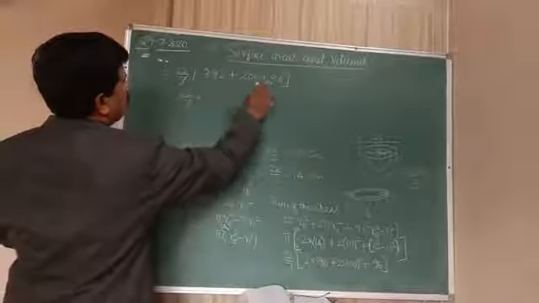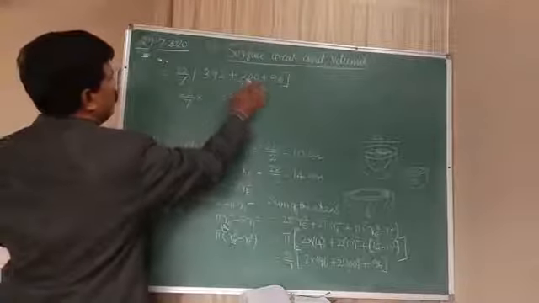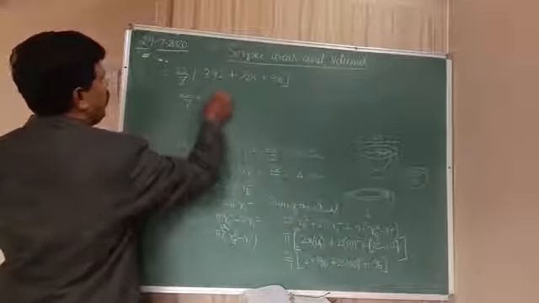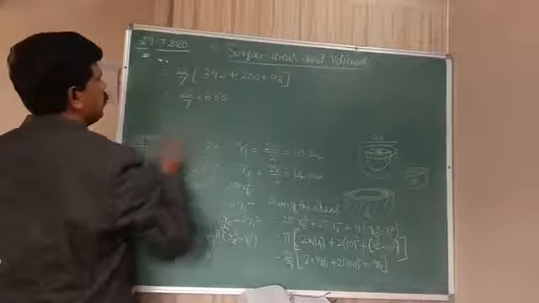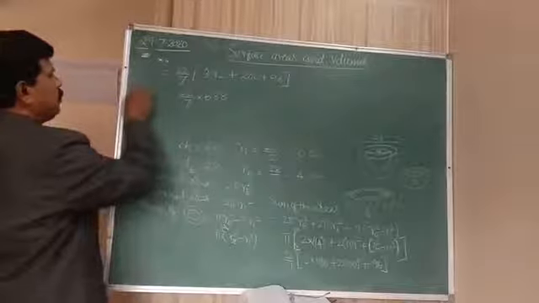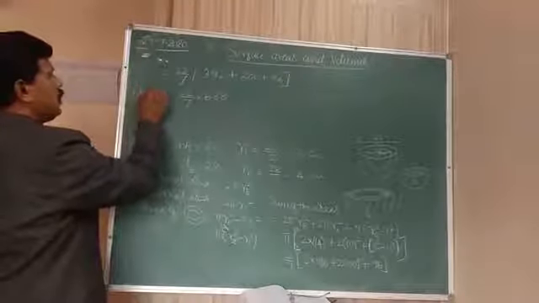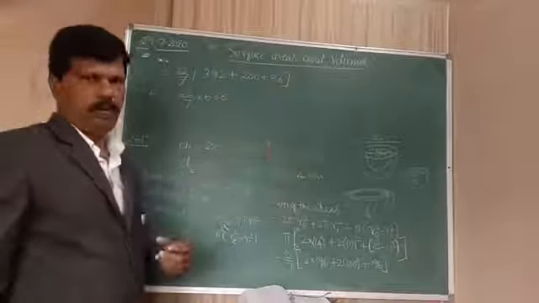Now add all these things. 6 plus 0 is 6, plus 2 is 8. 9 plus 0 is 9, plus 9 is 18. 1 plus 2 is 3, 3 plus 3 is 6. So it is 688 into 22 by 7. This is the total surface area of the hemispherical bowl.